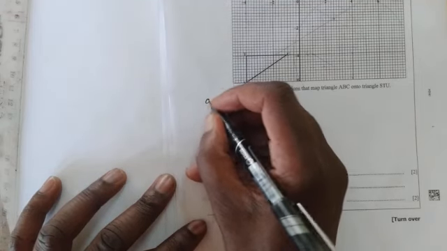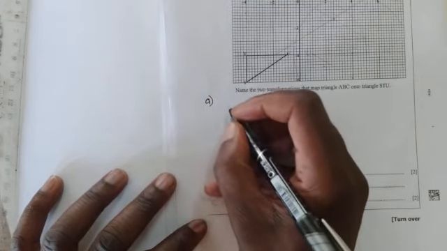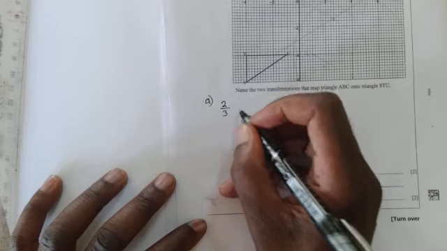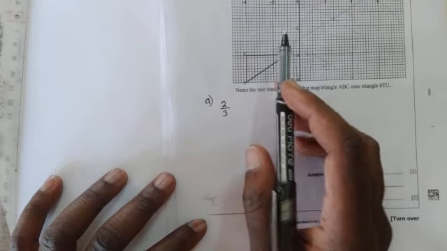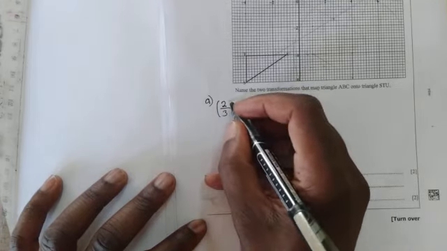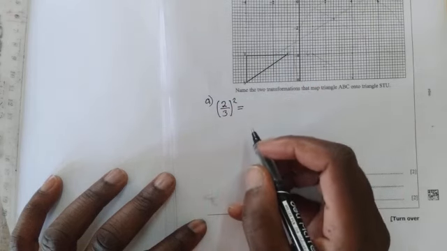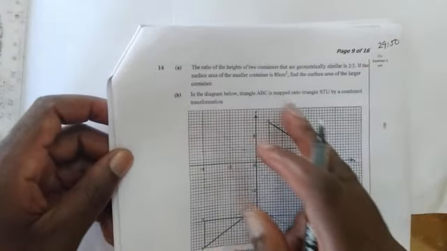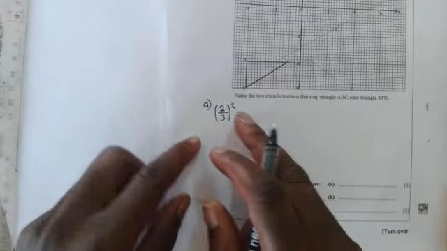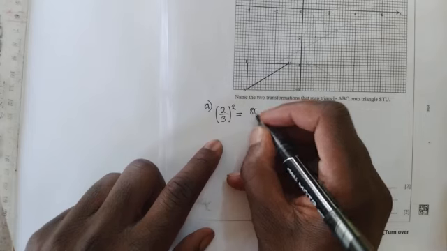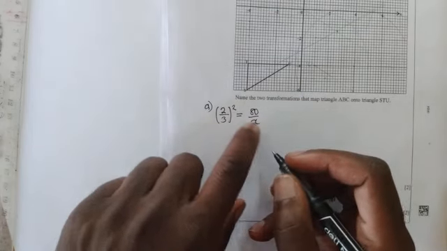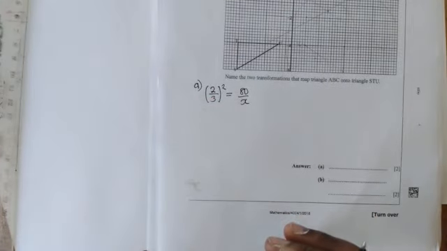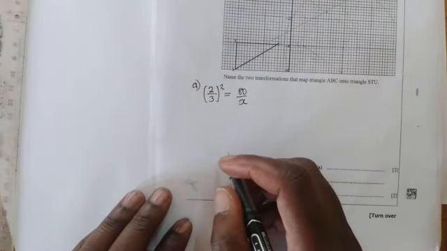So we can say our A is equals to the ratios that we have, it's 2 and 3. Okay, now because we are talking about area there, we need to square these. This is equals to, we are told that the surface area of the smaller, of course, the smaller ratio here is 2. So 80 is going to be here, and we are looking for the surface area of a larger container. So we need to square this. What are we getting here? We are going to get 4.